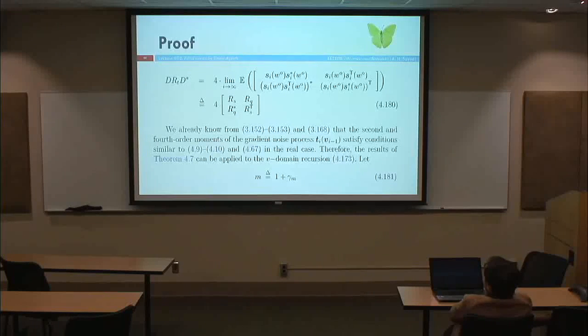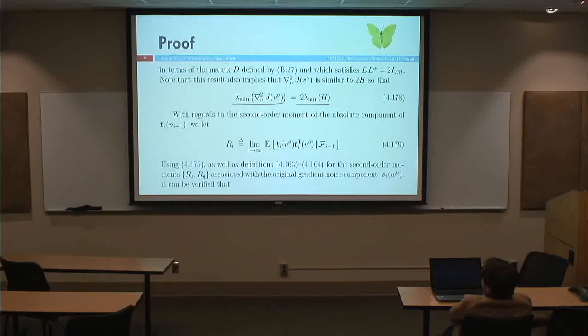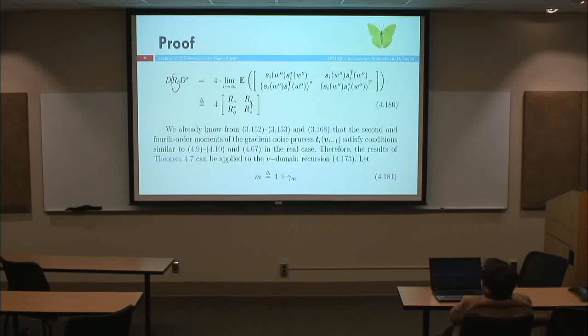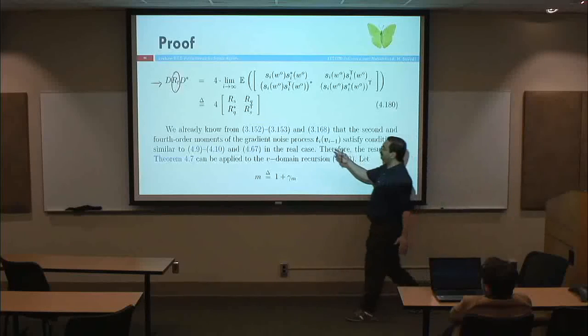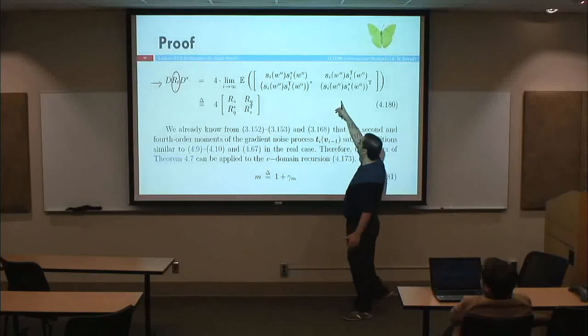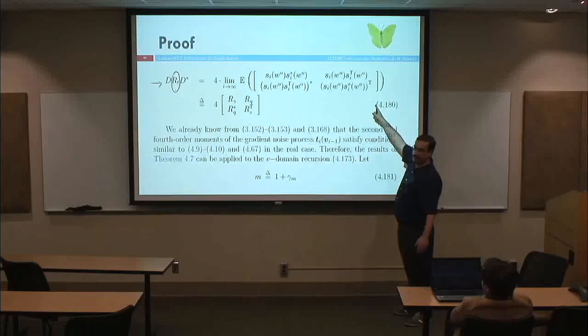Let's take RT. Remember what this T is. This T is S real, S imaginary. And then I'm going to multiply it by S real transpose, S imaginary transpose. This is what's sitting here. And then multiply it by D from the left and by D star from the right. If you do this algebra, which is simple, you will find that this quantity on the left evaluates to what you have up there.